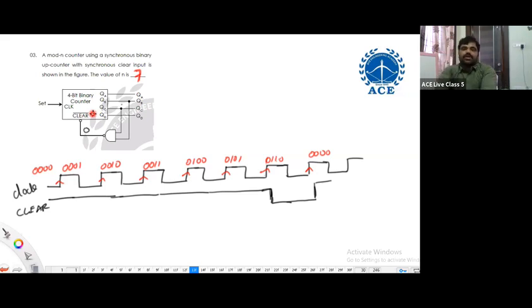In this same synchronous counter, if the flip-flops are having asynchronous clear inputs, once again, modulus of counter is 6 only. Right? So that's the way we need to answer the questions.